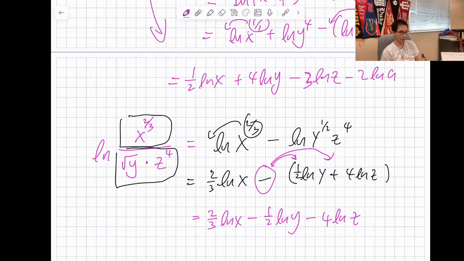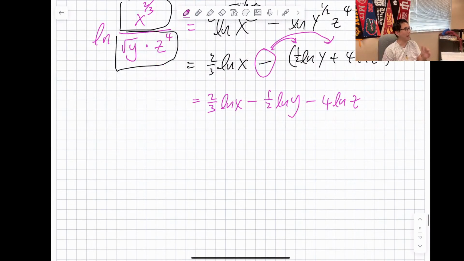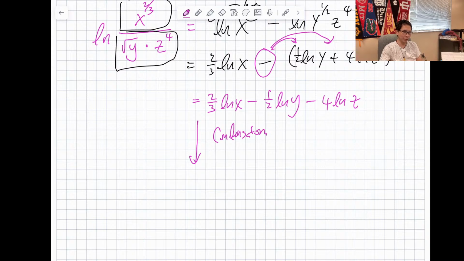Okay, so now I'm going to go backwards. Let's go backwards. Backwards is called condensation. So you start with the power moving to the top. Minus natural log of y to the 1/2 and minus natural log of z to the 4th.